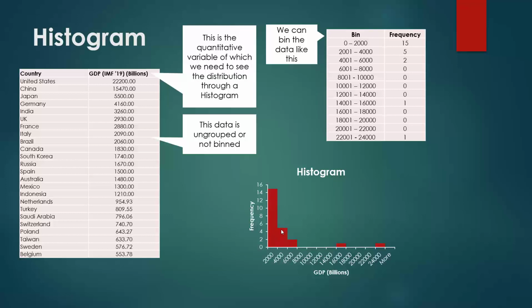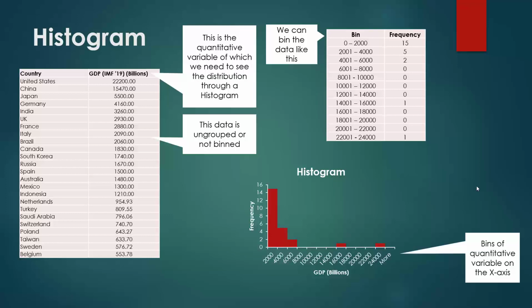Notice that the columns in a histogram have no gaps between them. We have a gap here because the frequency is 0. But if the frequency is not 0, the columns are touching each other. That's not a rule, but in general, histograms have columns that are touching each other.